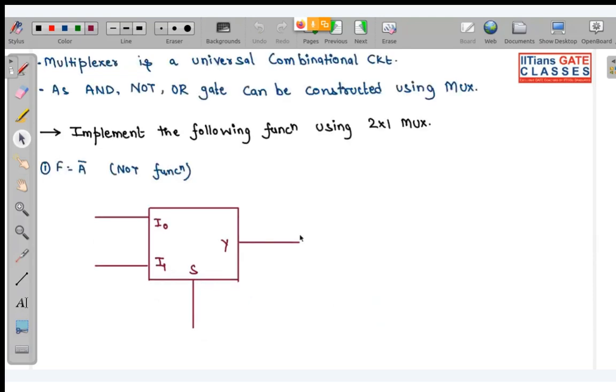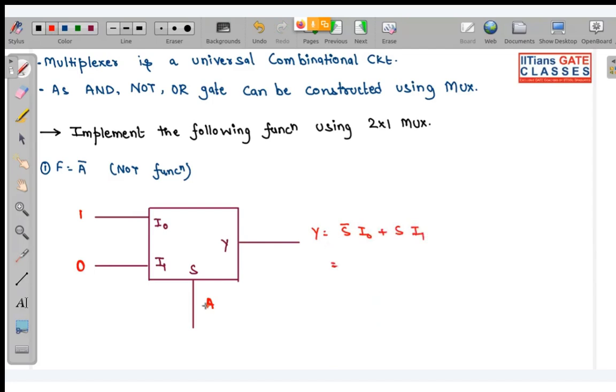So look, for the selection line, I always give the variable. If I give A over here, what should the inputs be so that I get Y equal to A complement? If I put I0 as 1 and I1 as 0, what will I get if I write Y? Y will be equal to S complement I0 plus S I1.